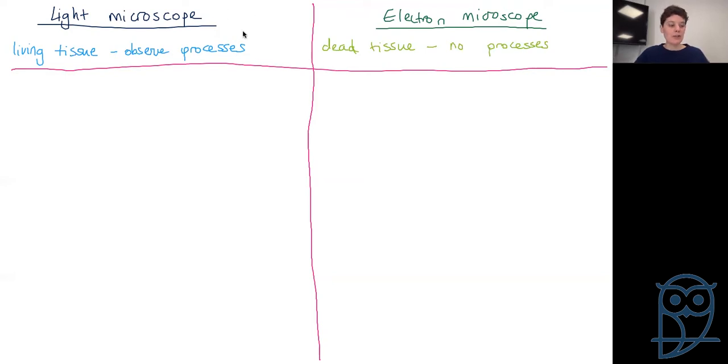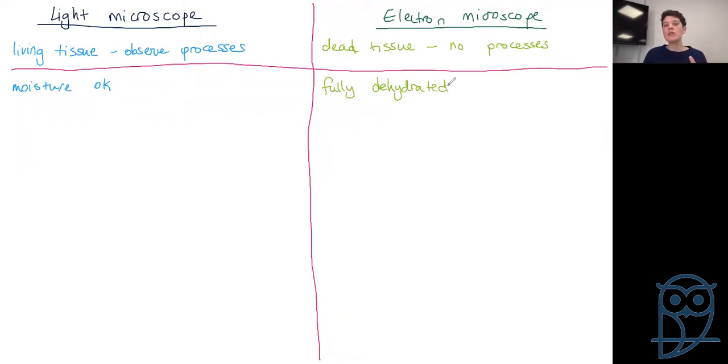On a light microscope, moisture is fine. In fact, we often add moisture. On an electron microscope, not a single solitary drop of moisture. It must be fully dehydrated specimens. Okay?